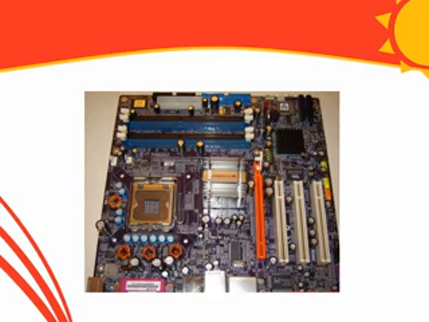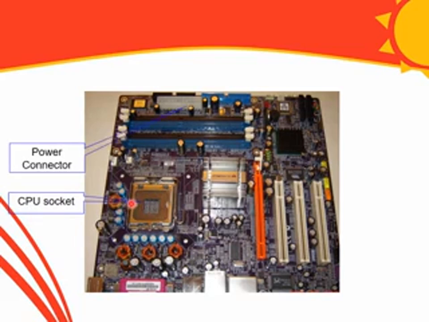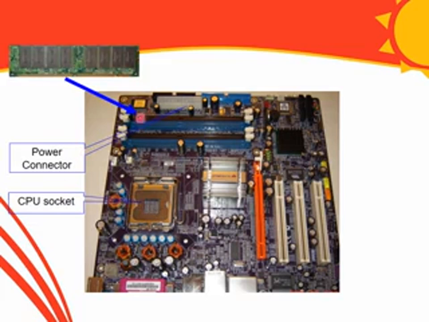Here is the motherboard, where the CPU goes, the RAM goes, and everything else. So the CPU goes in here. Here are the power connectors, and the RAM goes right there.